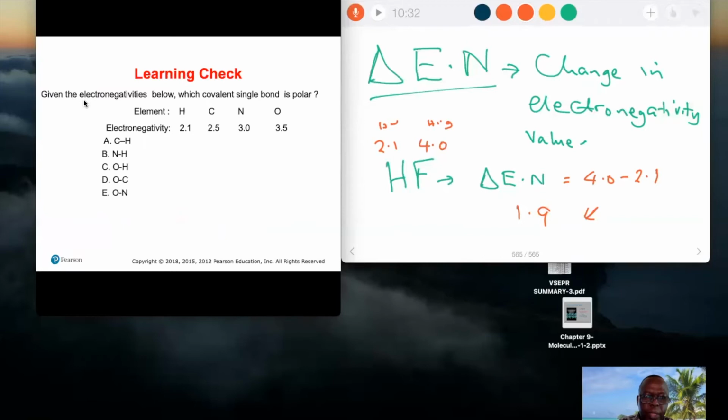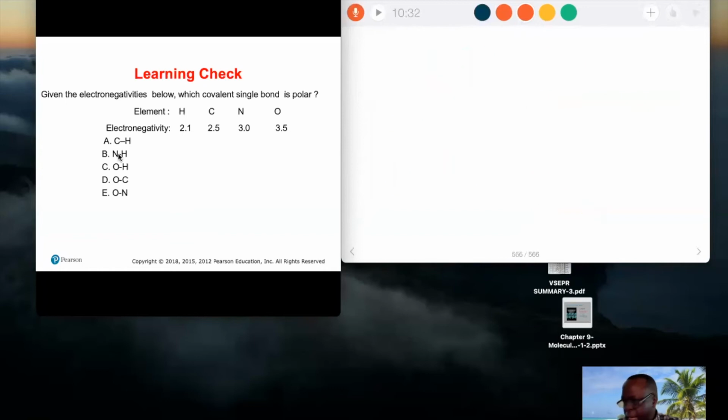Given the electronegativity values below, which covalent single bond is polar? Using the elimination method, this is non-polar, so B is non-polar. We rule out B. We wanted to see which one is polar.